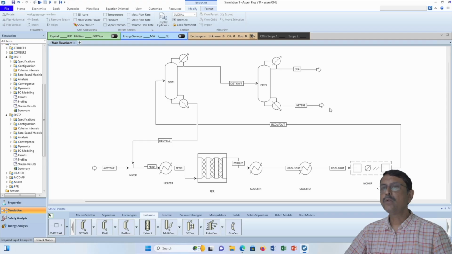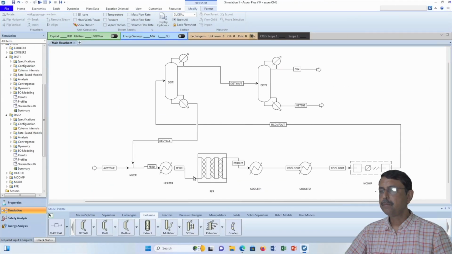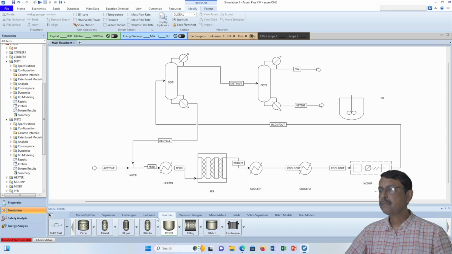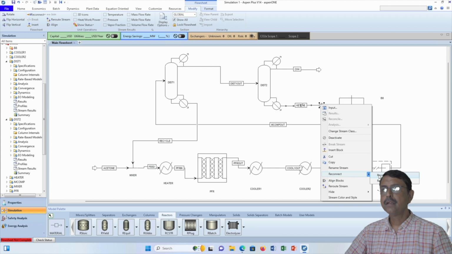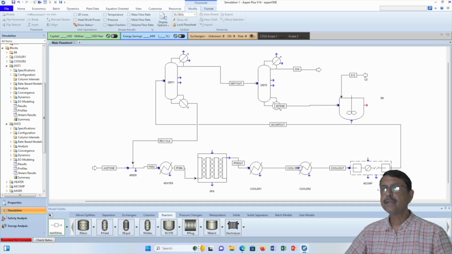Now the ketene will go into a reactor. That's what it is said. Ketene is fed to a CSTR where acetic acid is also fed. So we will bring in another reactor, which is a CSTR, and this will be fed to the CSTR, and the CSTR will have another input, that is acetic acid, and this will be the product, that is acetic anhydride.